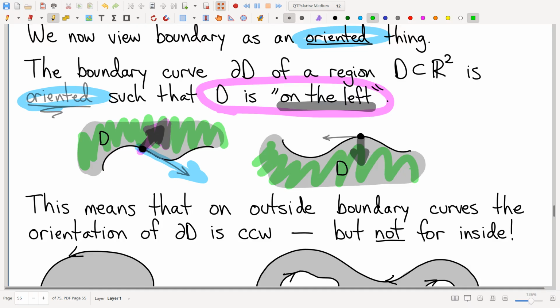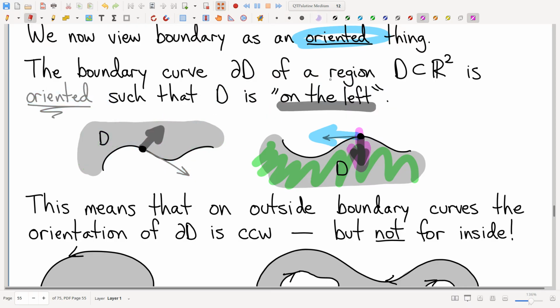Okay, that means it's going to the right, but it's not always going to be to the right because over here I would have to go this way in order to have the region on my left. Again, as this is me walking along, go that way to have the region on my left. Everybody all right?